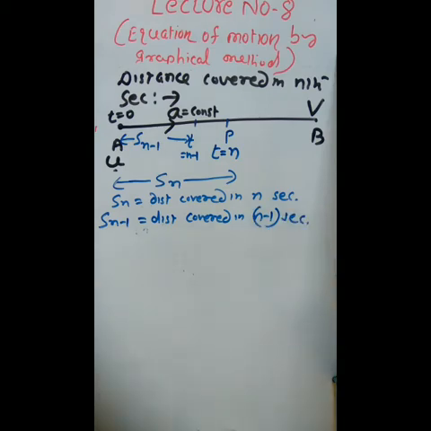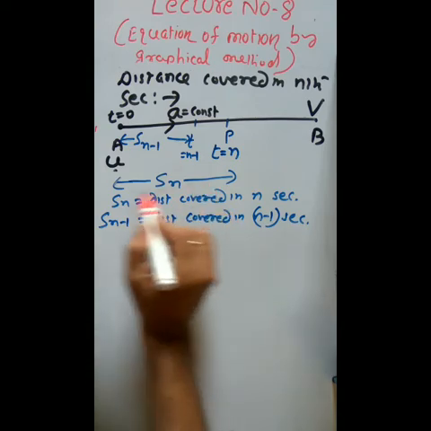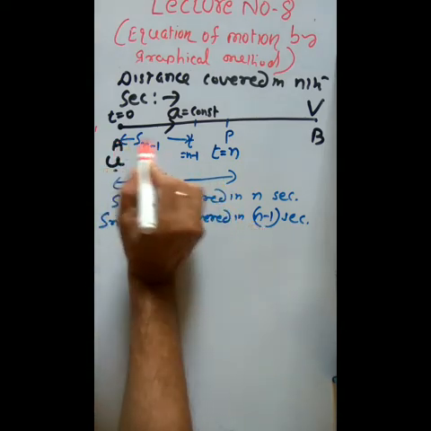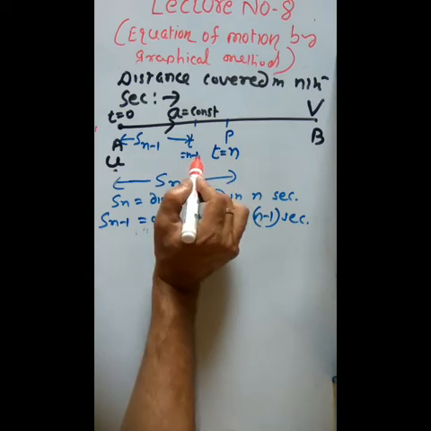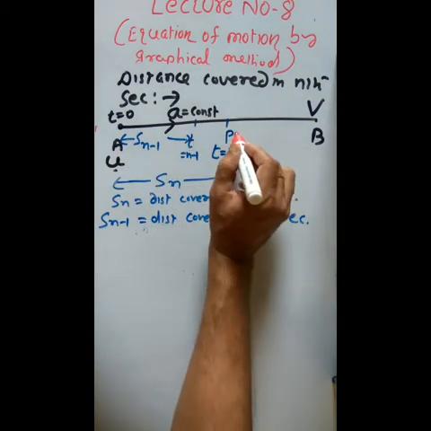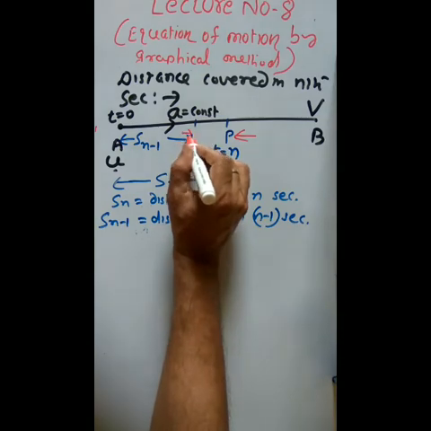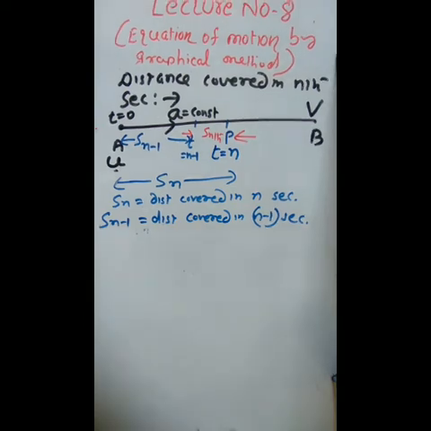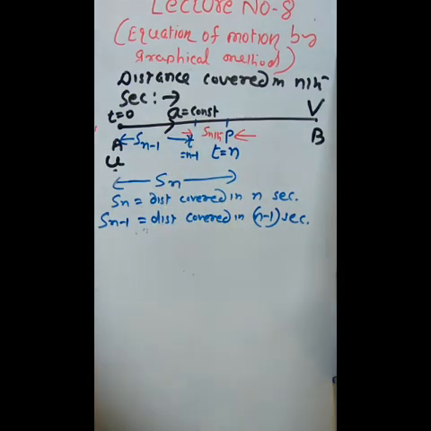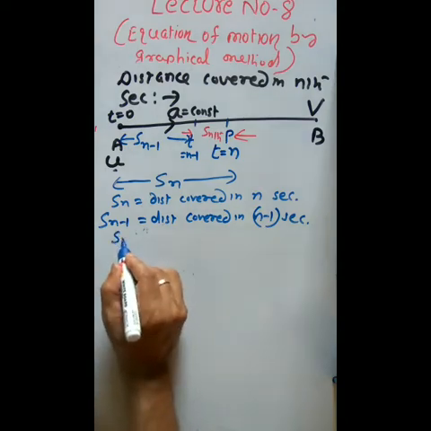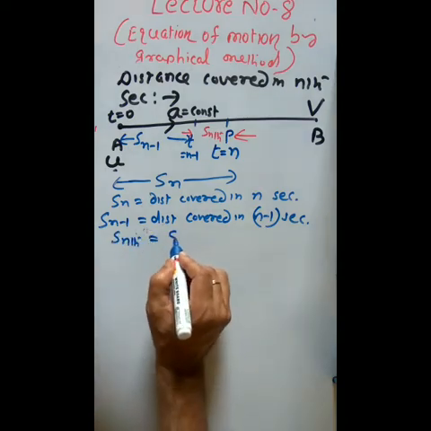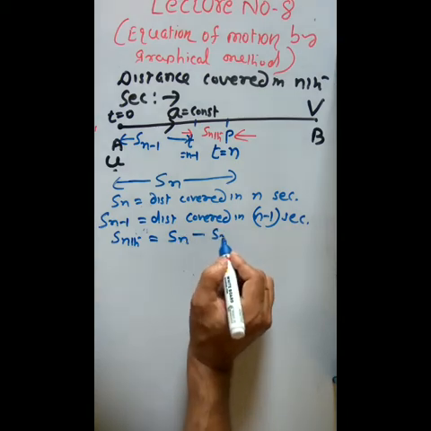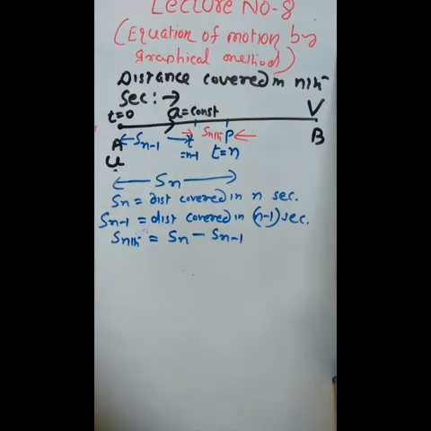Now tell me, if the distance covered in n seconds is Sn and in n minus 1 seconds is Sn minus 1, then what is the distance covered in nth second? How will you find? The distance covered in nth second is equal to distance covered in n seconds minus distance covered in n minus 1 seconds.